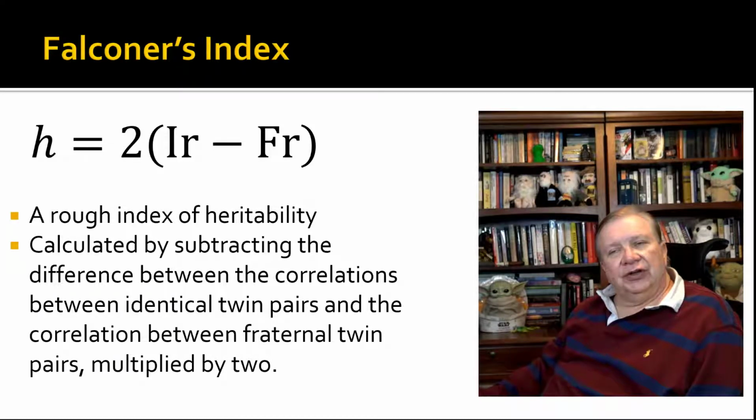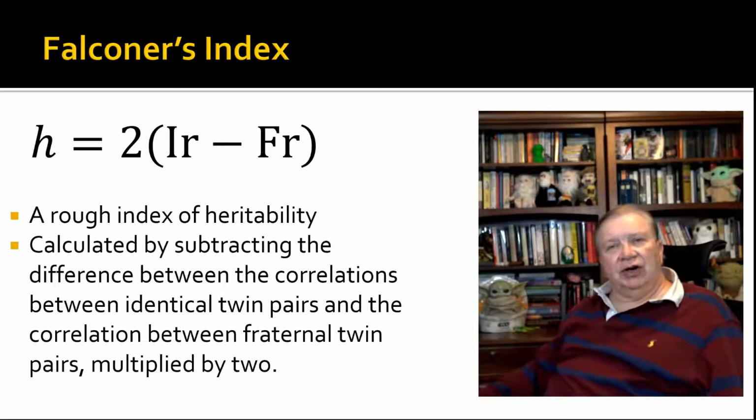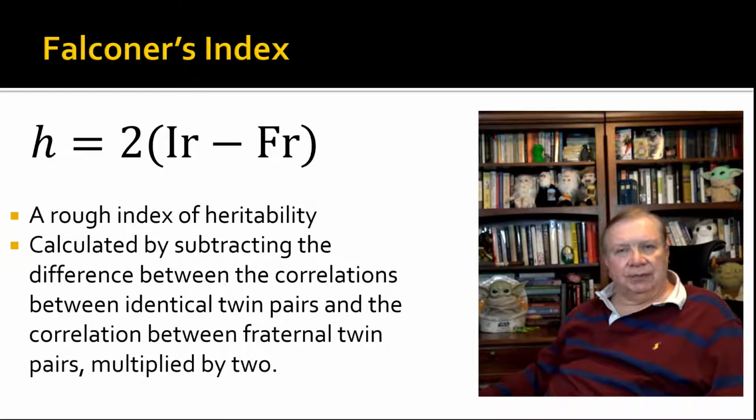So you take the twins and you line them up so you have twin 1, twin 2, you correlate those, and then you take that correlation between identical twin pairs, fraternal twin pairs, subtract it, multiply it by 2, and you have a rough index of heritability.